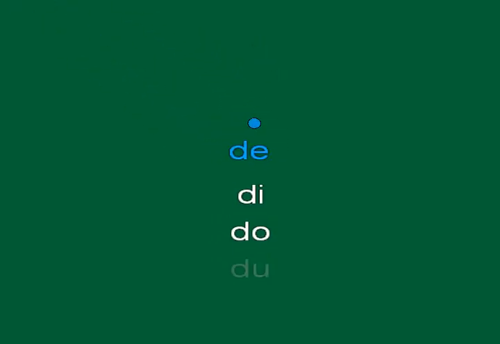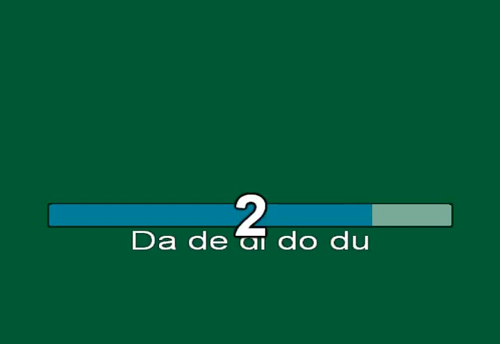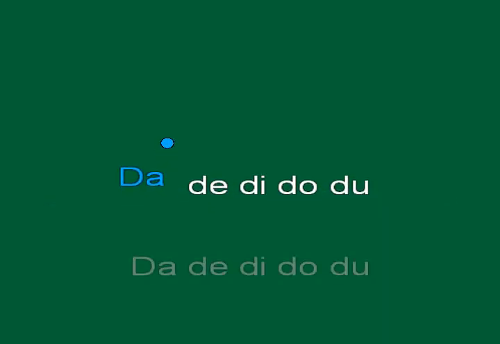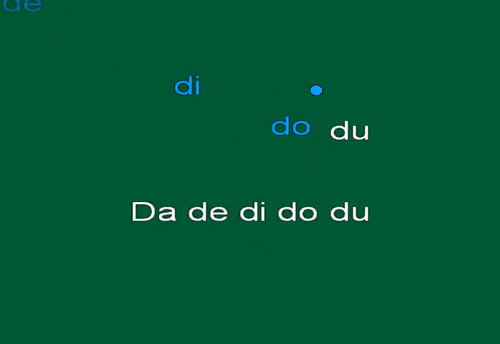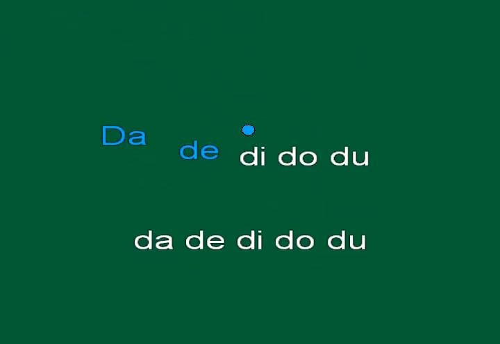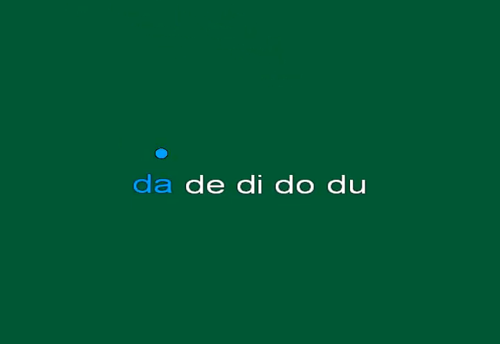So we have D plus A, da, de, di, do, du. Not the English D; it is kind of diluted, so it becomes da, de, di, do, du.